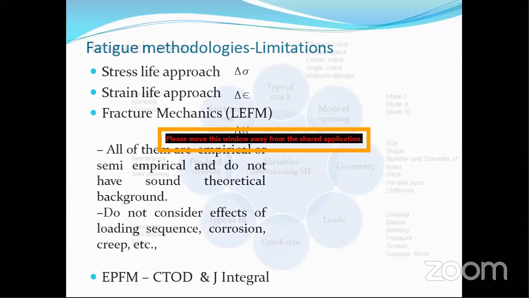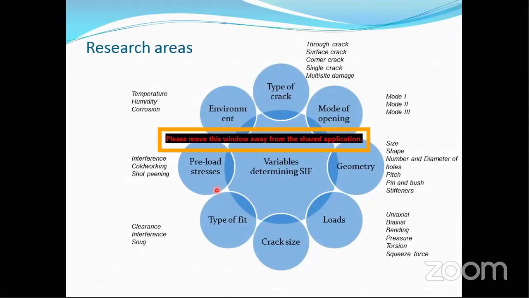So coming to the research areas where present ongoing research is going on, especially with respect to SIF, as I told, many variables are available. In case of type of crack, there are through cracks, surface cracks, corner cracks, single cracks, or multi-site damage also. Most cases come under multi-site damage, because in aircraft and ships, there will not be a single site.